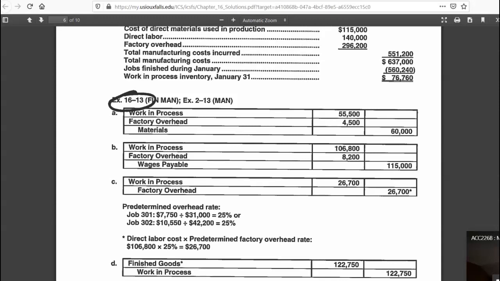That's the factory overhead. And for job 304, you take 17,100 times 25%, and you get 4,275. So I put that in your book.